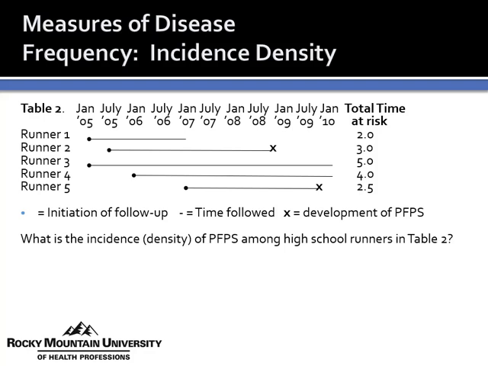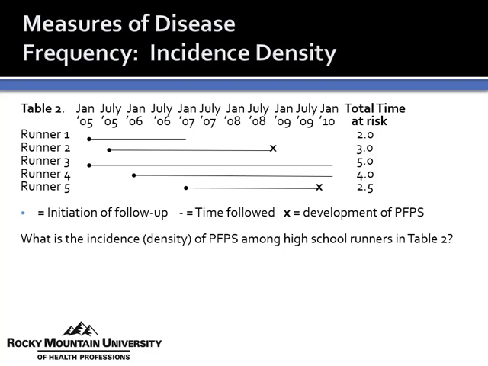Like runner 1 participated for 2 years. Runner 2 participated for 3 years, but at year 3 became injured, and so that's where you would stop tracking them. Runner 3, 5 years, runner 4, 4 years, and runner 5 was able to go 2.5 years before injury.